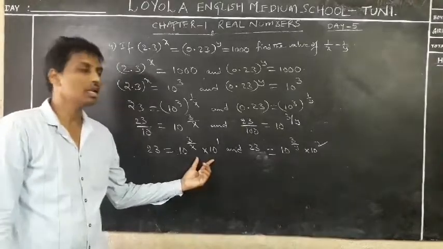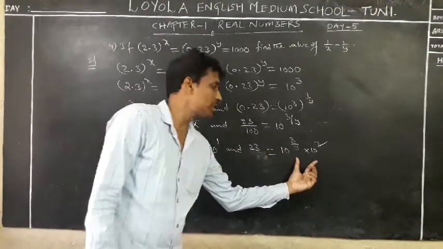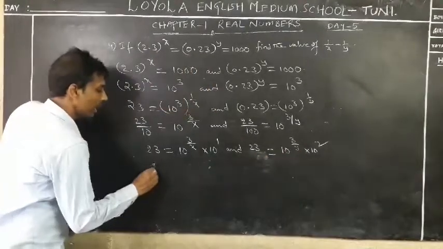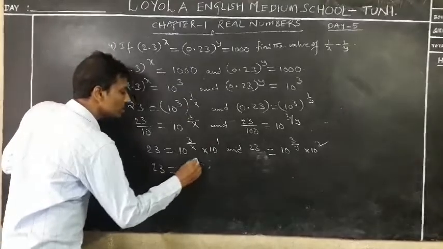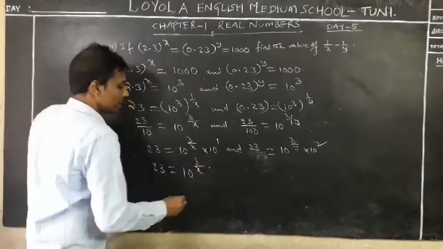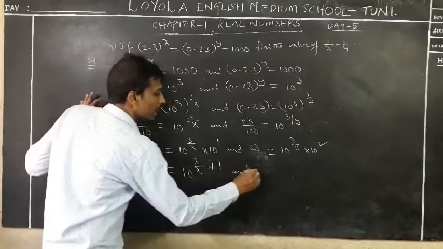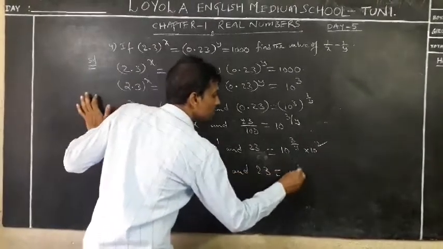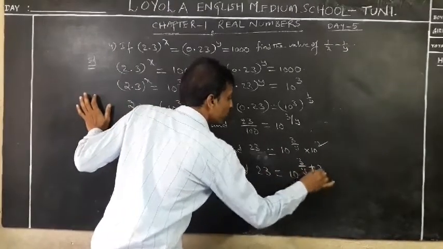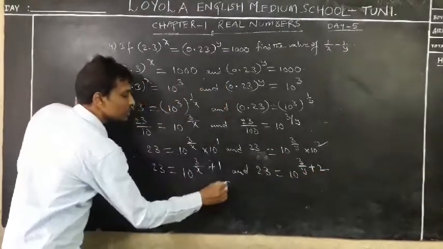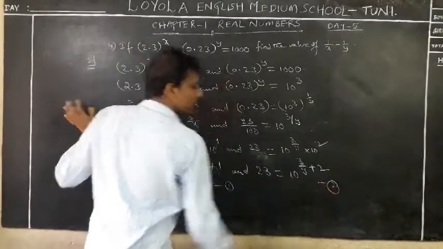If bases are equal, powers should be added. Here also bases are equal, powers should be added. 23 is equal to 10 power 3 by x plus 1, and 23 is equal to 10 power 3 by y plus 2. Say this is the first equation, second equation.